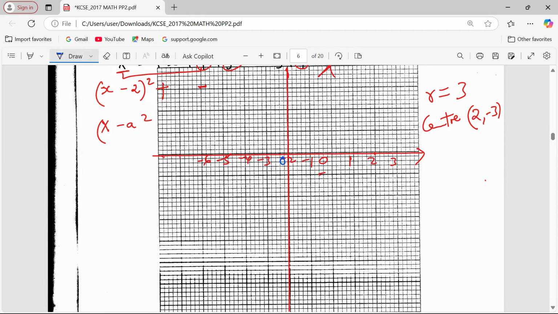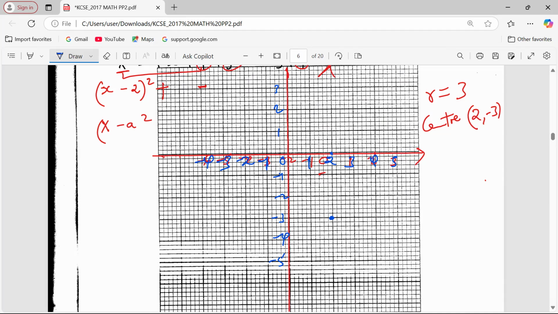Now we can have 0 here. 1, 2, 3, 4, 5, -1, -2, -3, -4. This will be -1, -2, -3, -4, 1, 2, 3, -5. So (2, -3) shall be here.